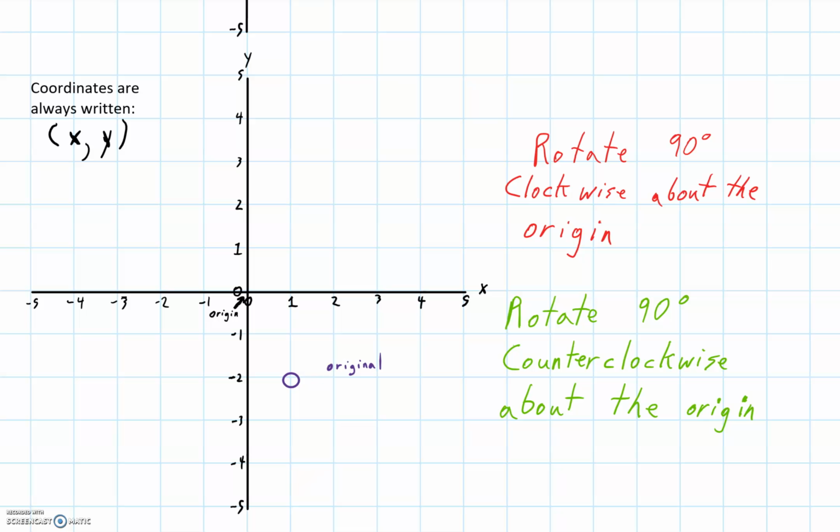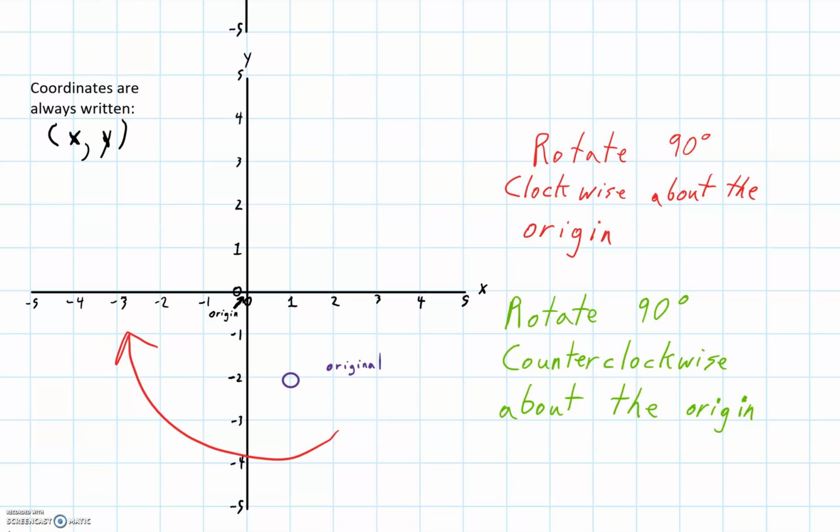So remember, clockwise means it's going this direction, and it's 90 degrees. What's helpful about going about the origin is whenever you talk about 90 degree increments, it's always one quadrant away.